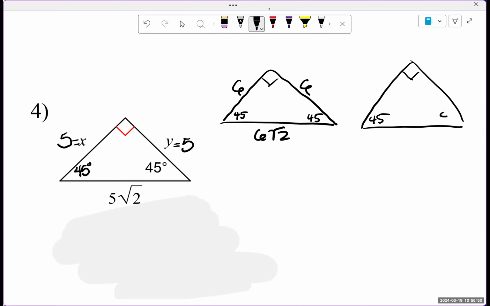What if this is 45, 45, 9 and 9? Okay. So 45, 45.